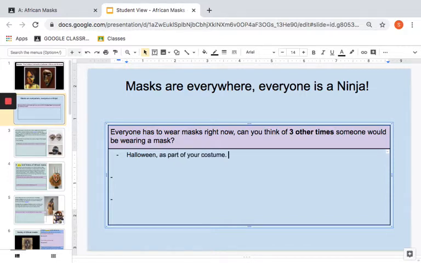And a costume is like a ritual, right? Costumes are meant to be different. They're meant to represent someone else. Okay, so just to get your brain flowing, three reasons why people wear masks. We know why people are wearing masks now.